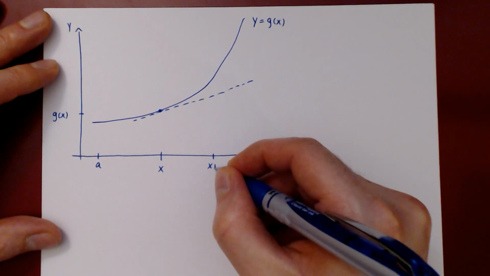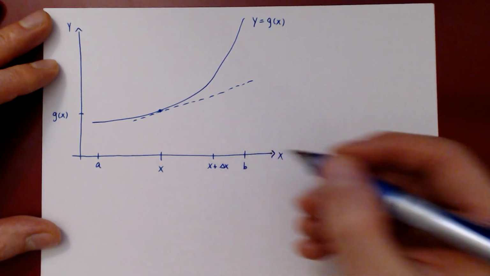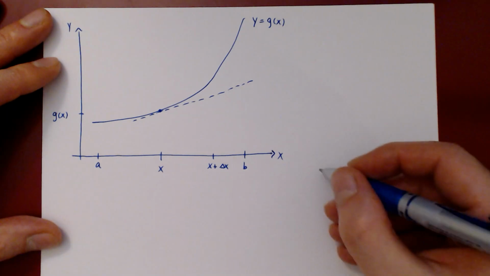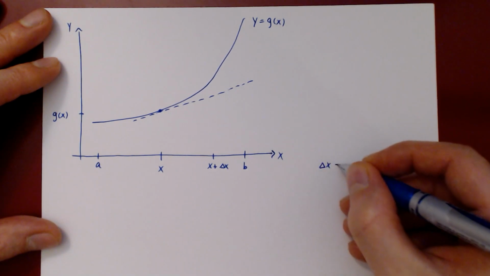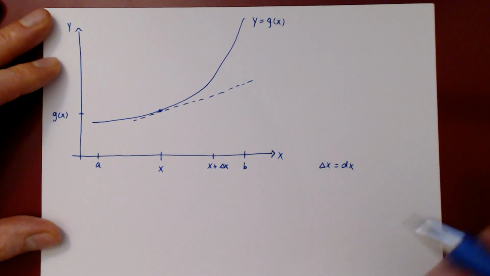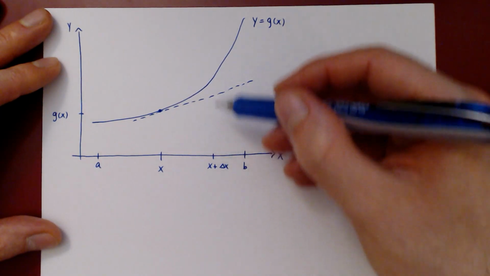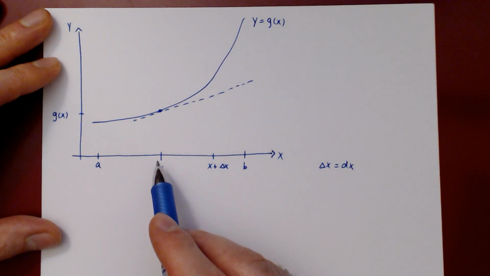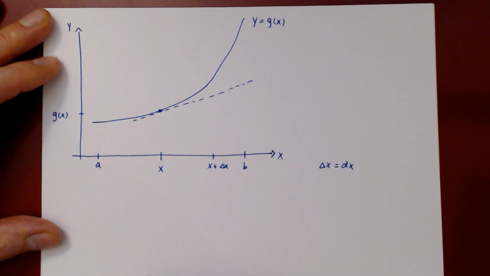So x plus delta x. Here, because x is the independent variable, delta x will equal dx. And now we want to compare the respective vertical change in the tangent line and in the function as we go from x to x plus delta x.